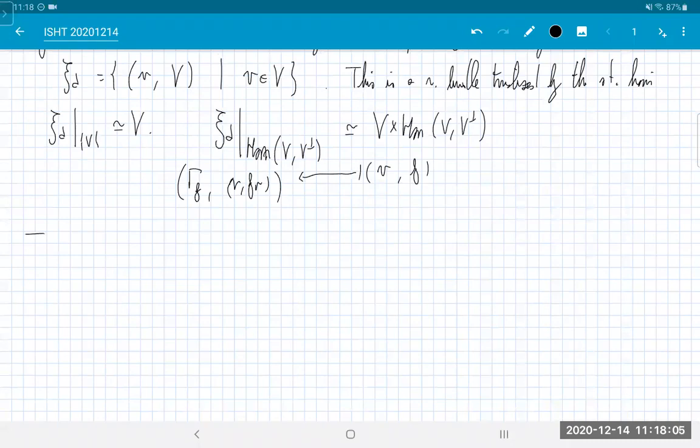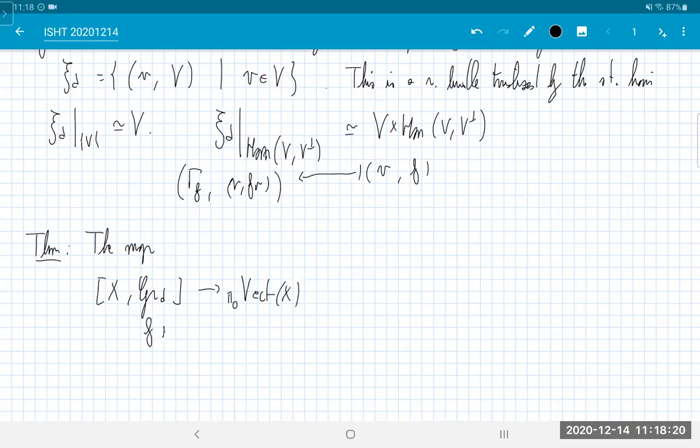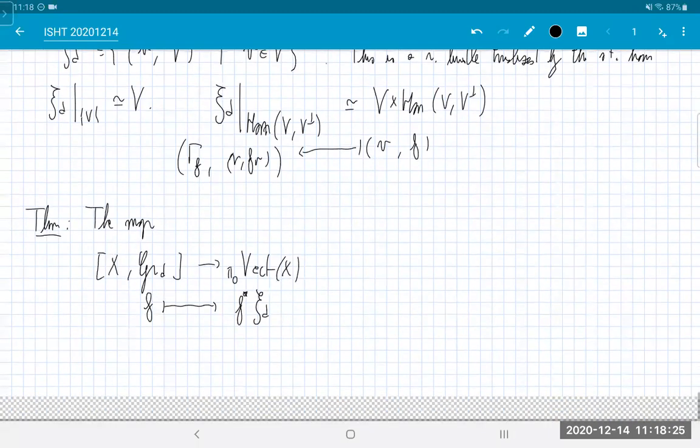And the theorem is that the map from homotopy classes of maps into the Grassmannian to pi0 vect x, sending f to the pullback of psi d, is a bijection.